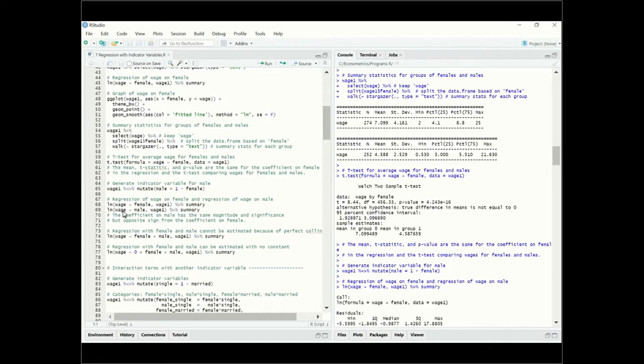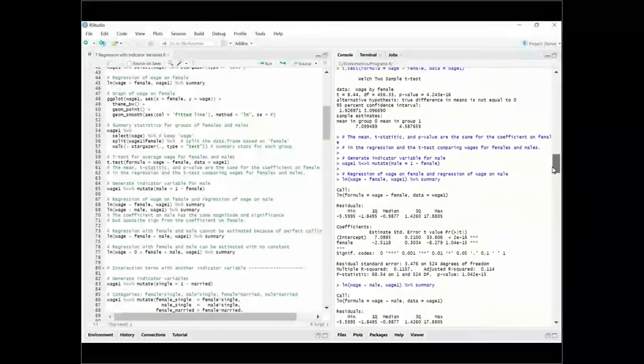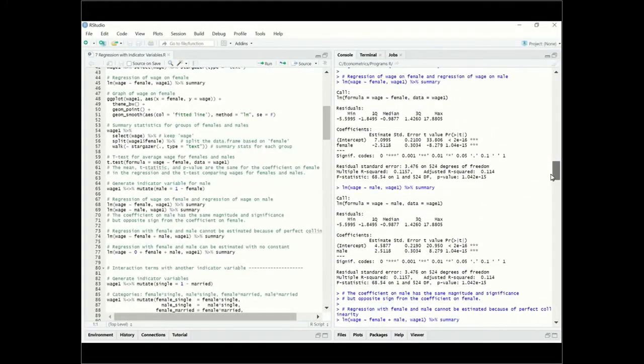And then let's run another one of wage on male and see what we get here. Okay, so this is the regression here that we have of wage regressed on male. And this is repeating from what we had above. But if we regress wage on female, these are going to be the regression results here.